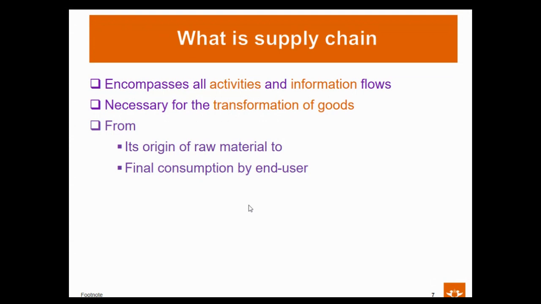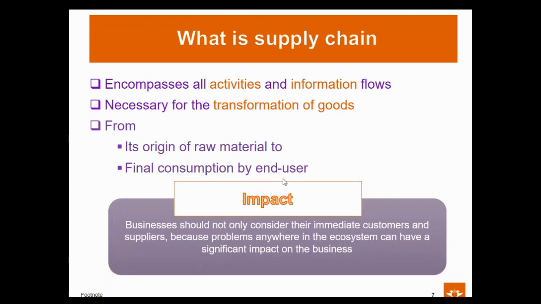So what is supply chain? As we have said now, it's the coordination of activities and information to transform goods from its origin of raw materials to the final consumption by the end user. And why has this become so important? Because businesses can no longer just consider their own companies and the immediate impact on their suppliers and immediate customers.